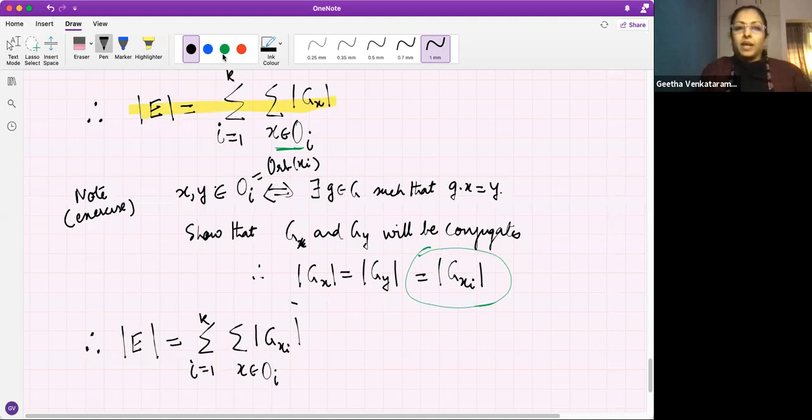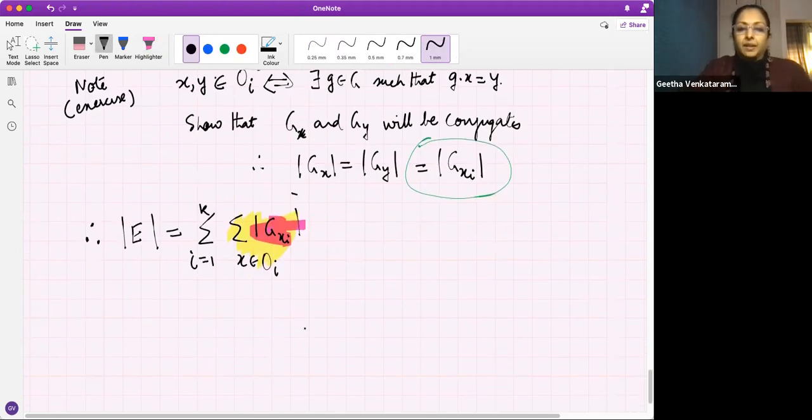So when you have this particular summation here, basically you're adding this constant value as many times as there are elements in this orbit Oi. So this is nothing but, again, the summation i equal to 1 to k, and how many order Gxi's am I adding? As many as order Oi. So this is order Oi into order Gxi.